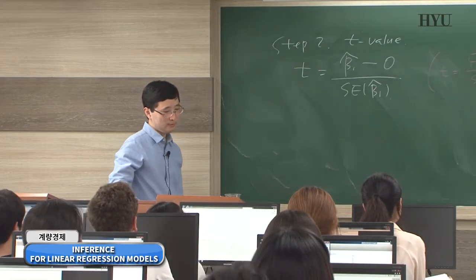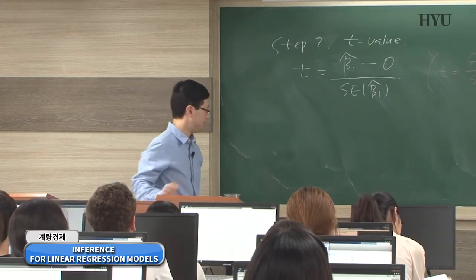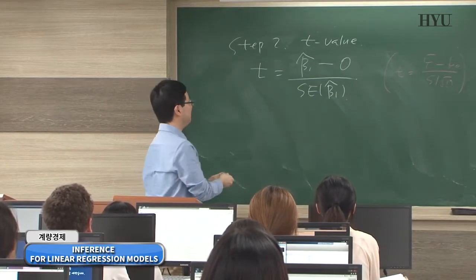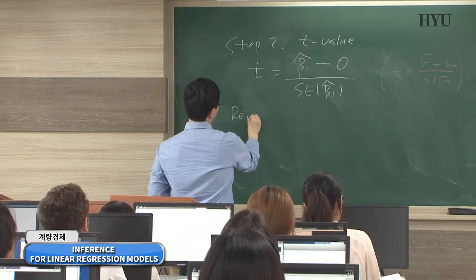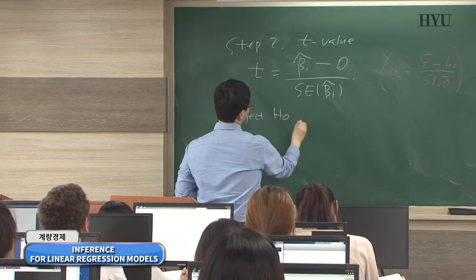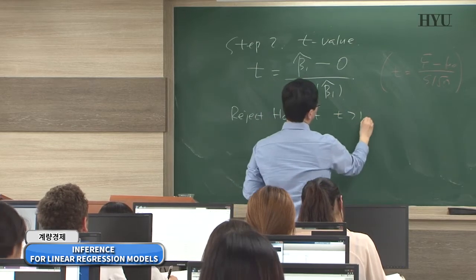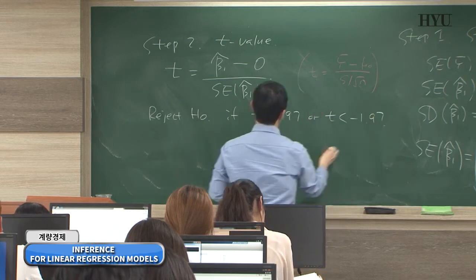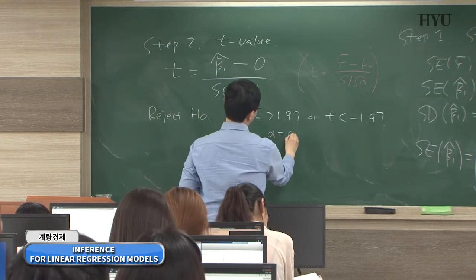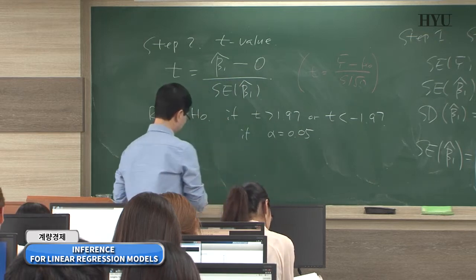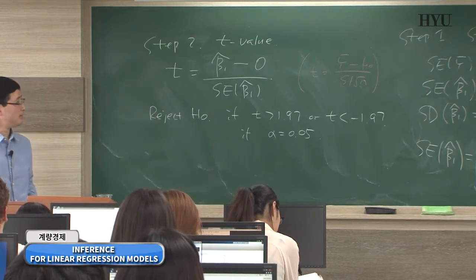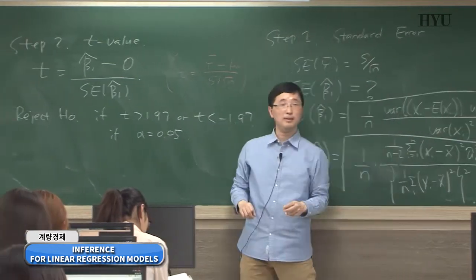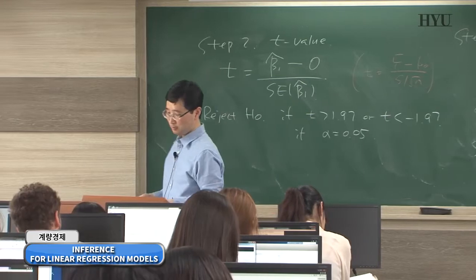So that's step 2. Actually, you can make a decision already. You reject the null if t is too big or t is too small. It's the same rule. So this t-value method is actually method 1, the rejection region method.